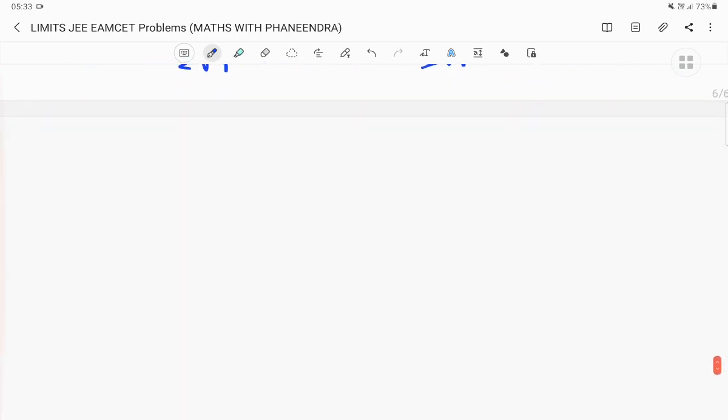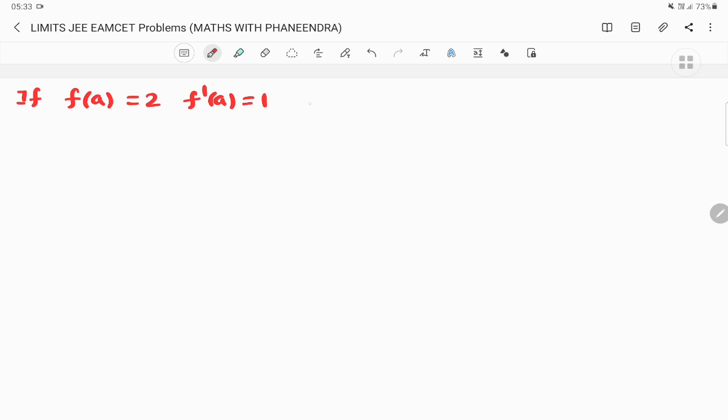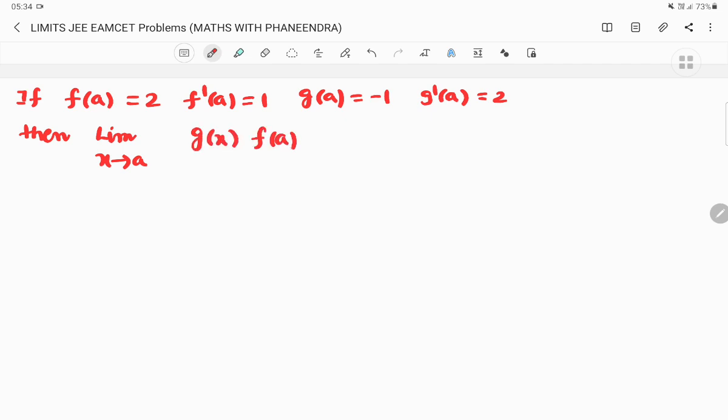One more example we will consider. If f of a equal to 2, f dash of a equal to 1, g of a equal to minus 1, and g dash of a equal to 2, then limit x tends to a, g of x into f of a minus g of a into f of x divided by x minus a equal to.